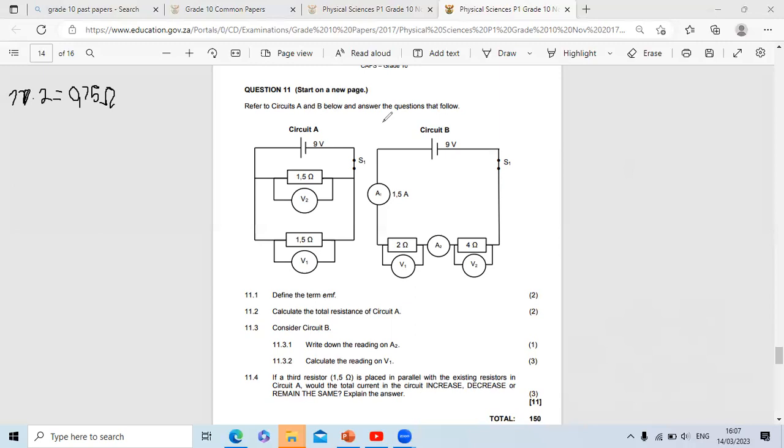Yes, so there are actually two ways to do this. I'll let you choose yours. You can either use ratios or you can use Ohm's law. Which one are you going to use?